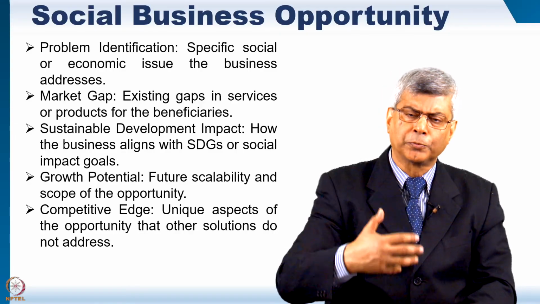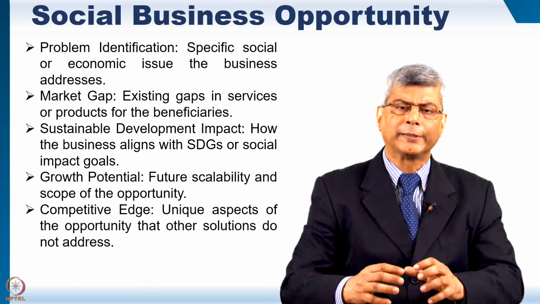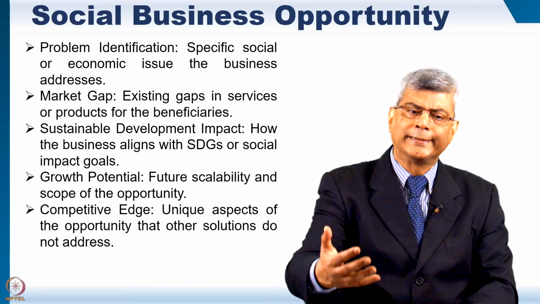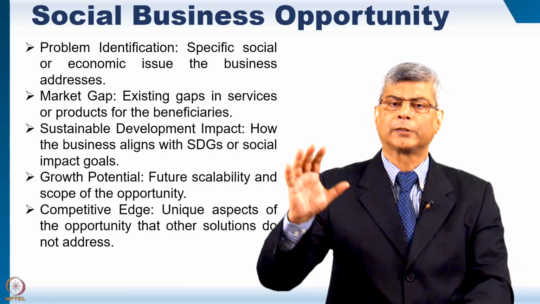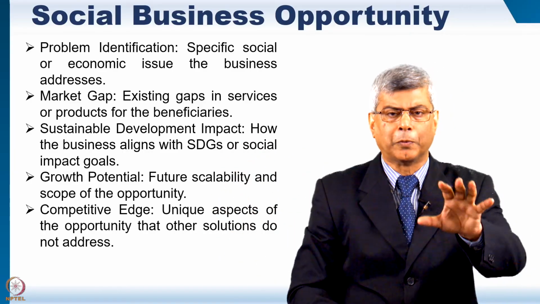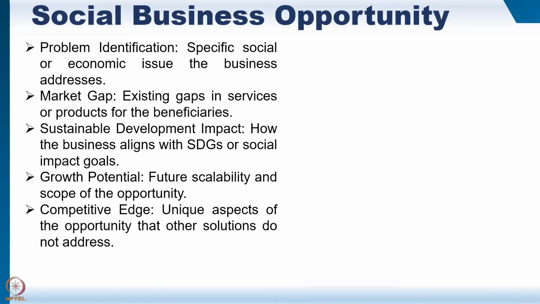And then what are the growth potentials? Because more and more devotees are coming, more and more flowers are being put, then more and more incense sticks can be made. And then what's the competitive advantage versus a normal, commercially available incense stick versus the one that's coming out of a social business. So that's the top 2 boxes of a social planner.